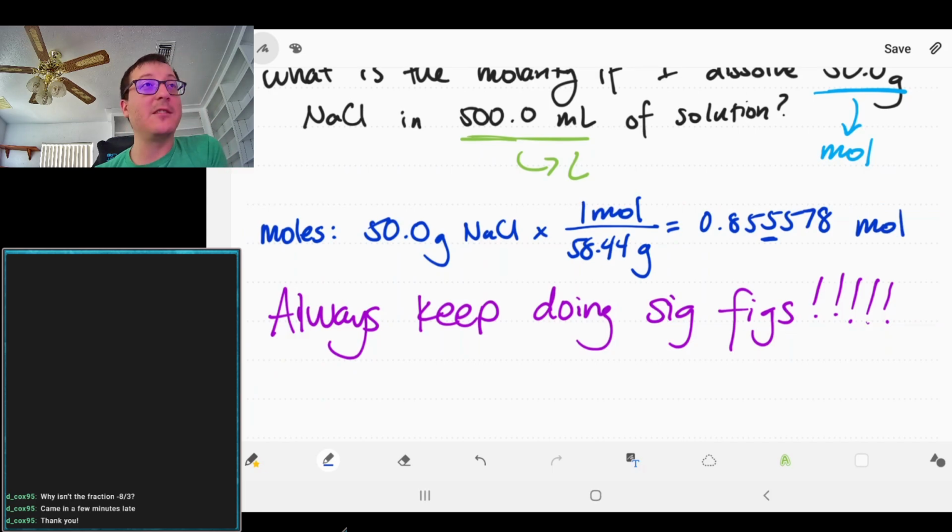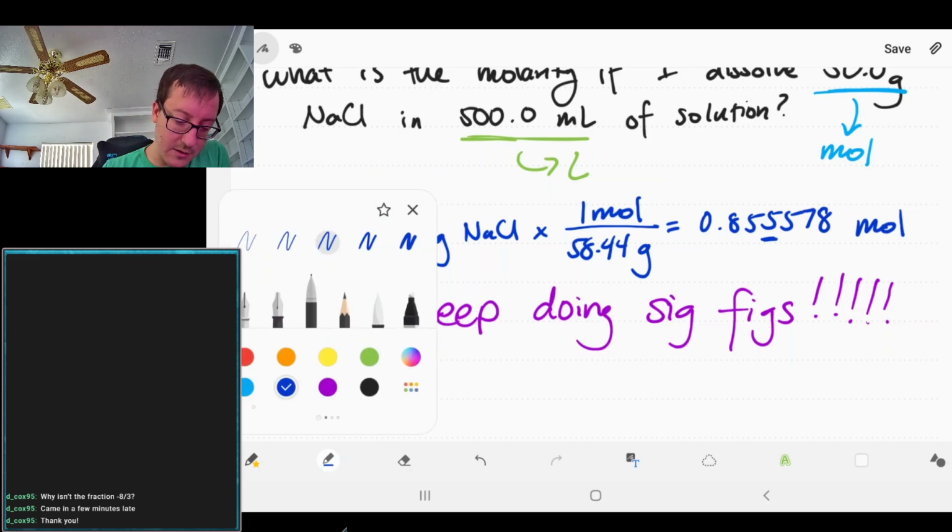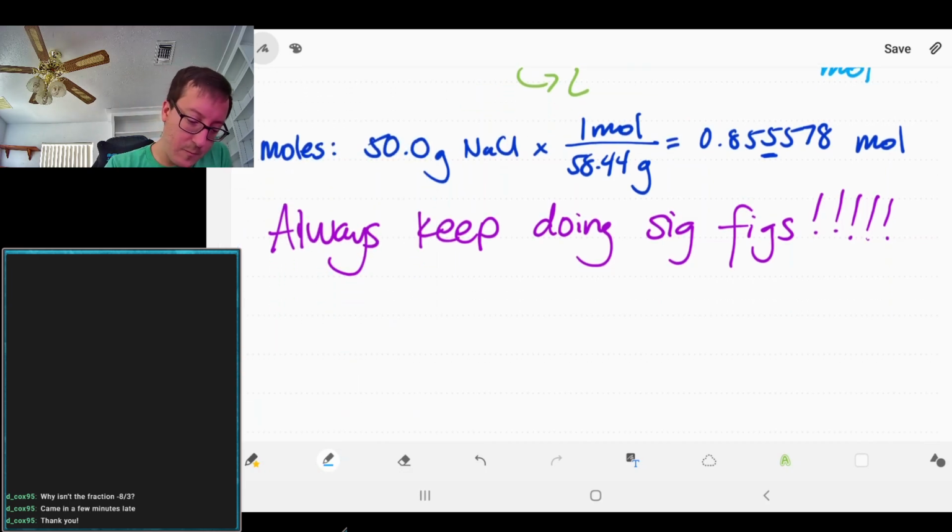Alright, so anyways, that's our moles of sodium chloride. Again, I'm giving a few extra decimals so that I don't lose track of my accuracy. And I'm still going to note that I really only have 3 sig figs in that number, and the rest are just not rounded yet. For our milliliters of solution, that one's an easier one to go ahead and do.